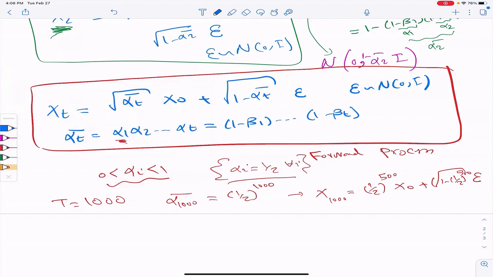Okay, can someone tell me, roughly speaking, what is the value of this? Basically 1 over 2 to the power of 500. Like literally 0, right?